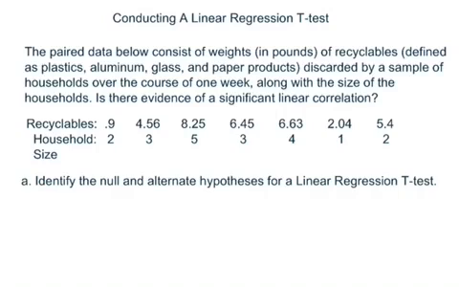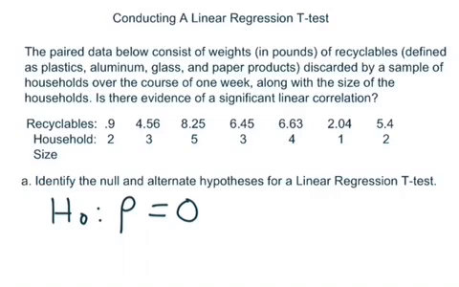First, we will identify the null and alternate hypotheses for a linear regression t-test. We state the null hypothesis, H null, as Greek letter rho equal to 0.